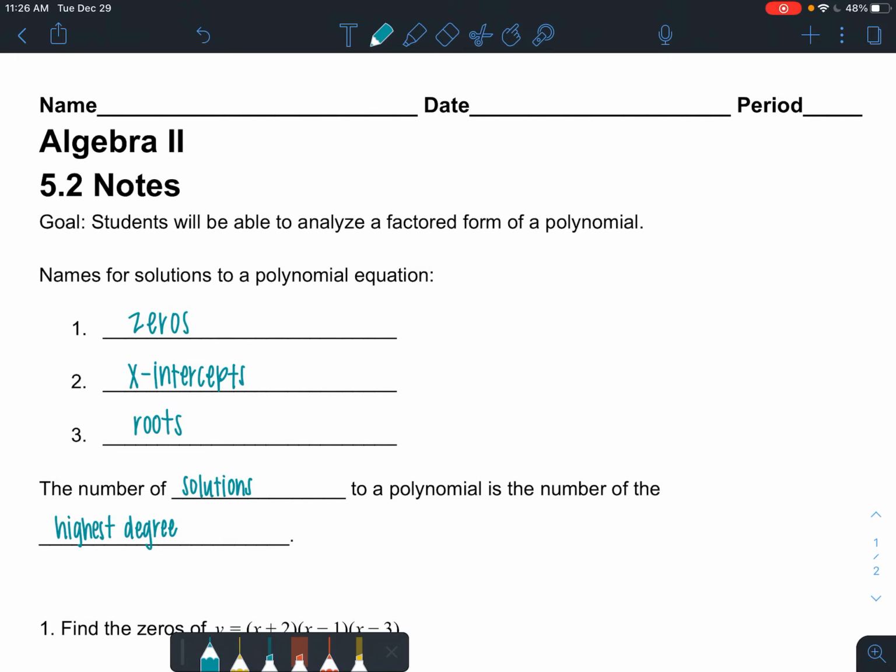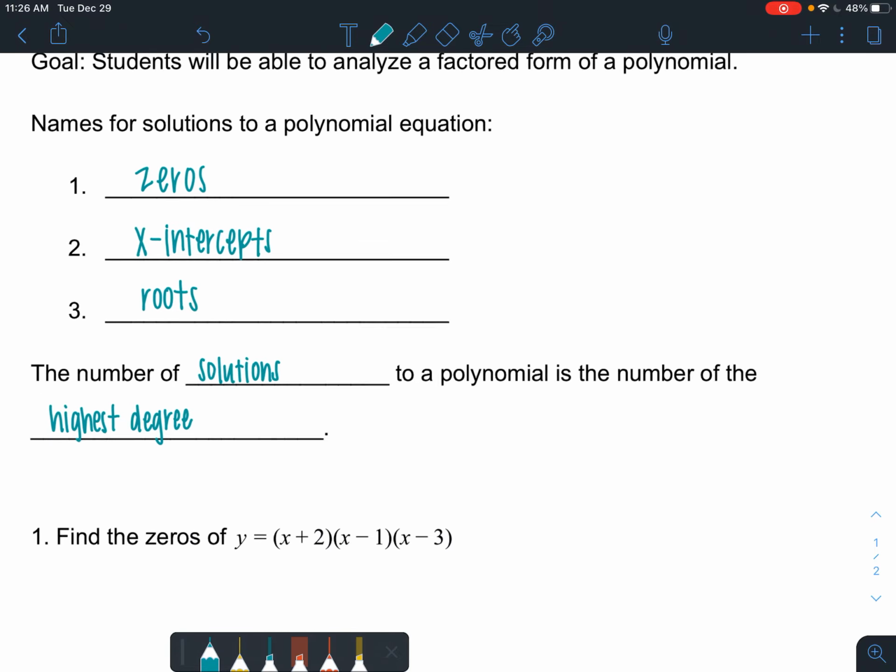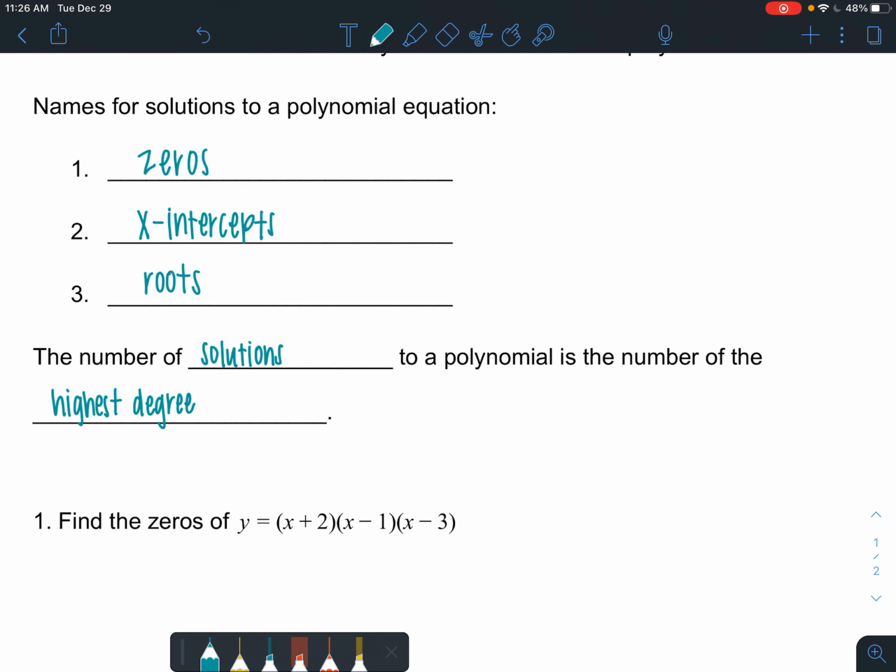Today we're talking about analyzing a factored form of a polynomial. Now, I just want to remind you that the names for solutions to a polynomial equation are zeros, x-intercepts, and roots. Okay, and solution is another thing.